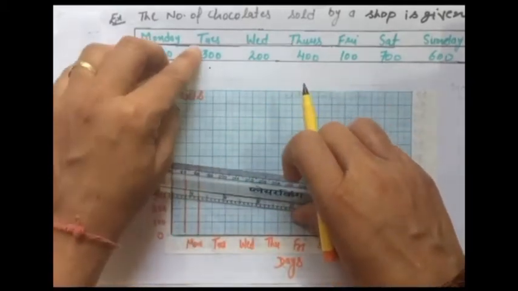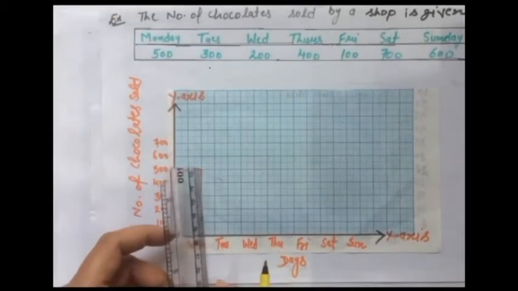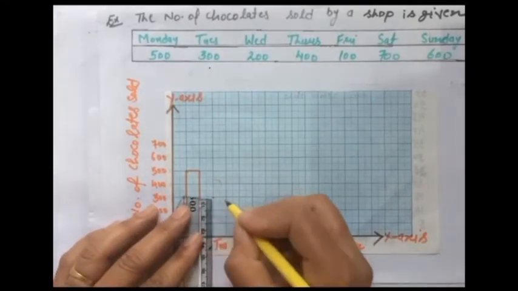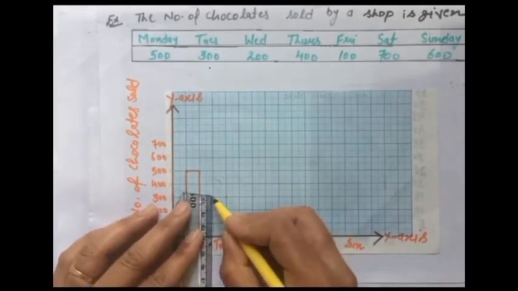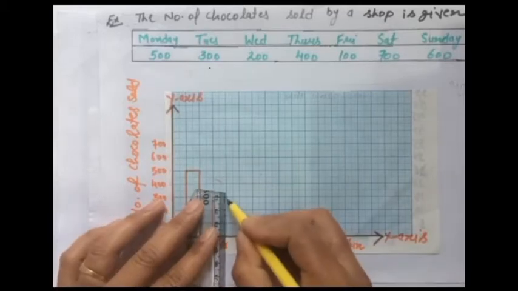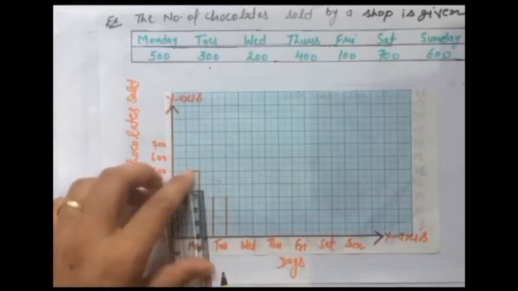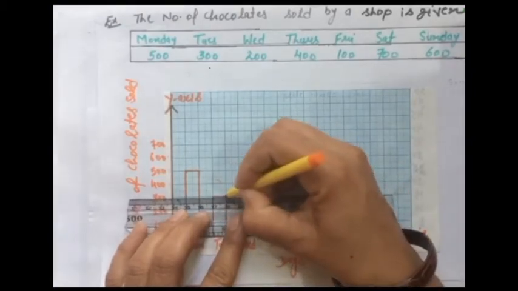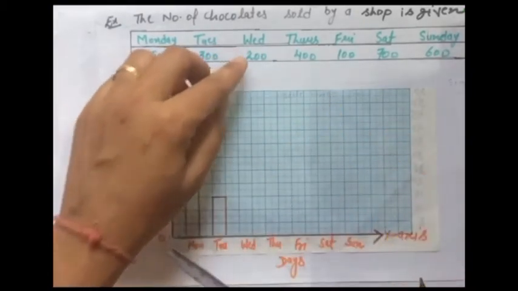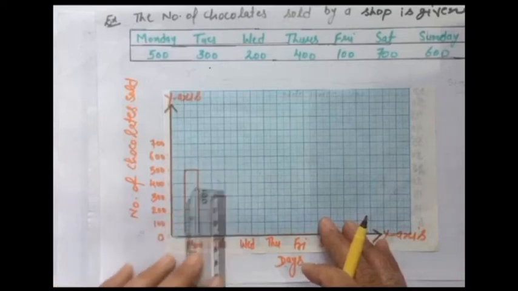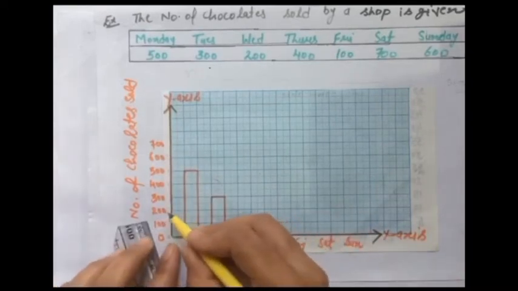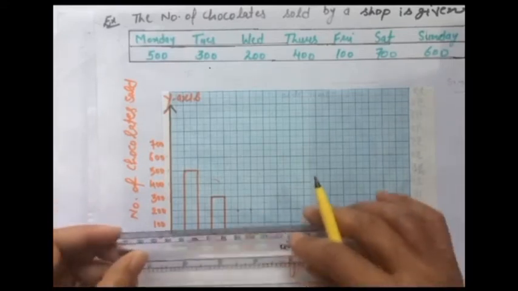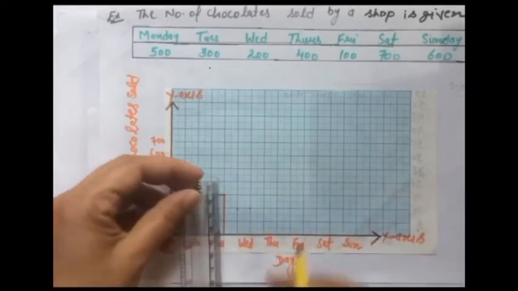Next on Tuesday 300. So draw a rectangle of height 300. Next, on Wednesday, 200. So draw a rectangle of height 200.